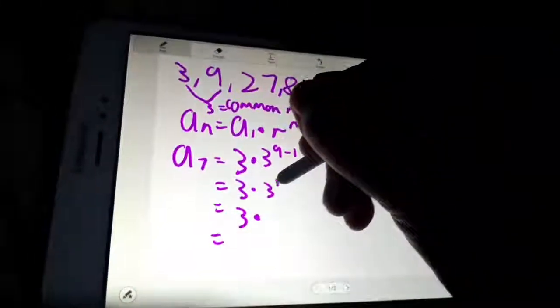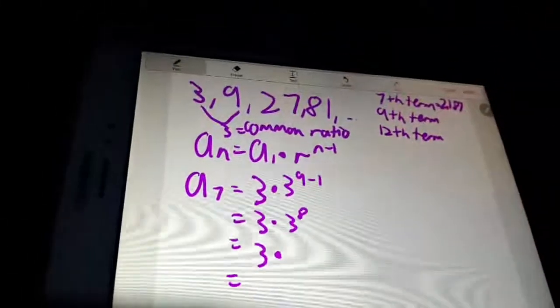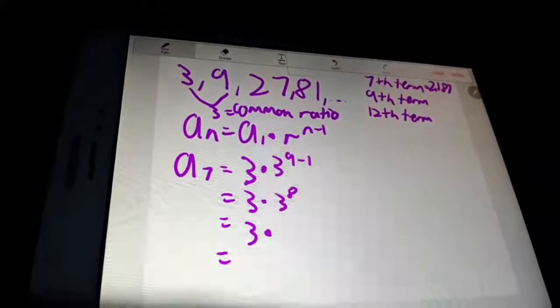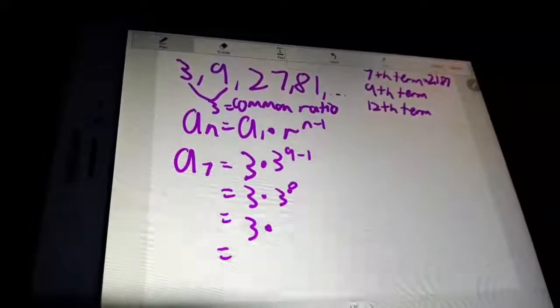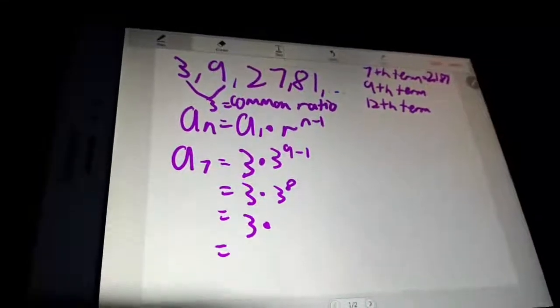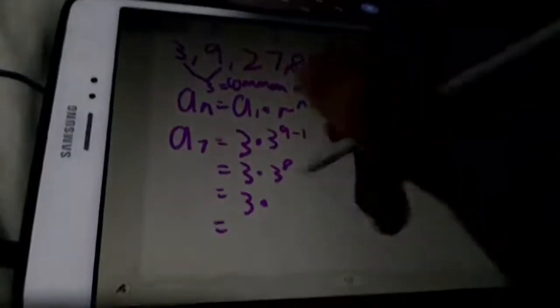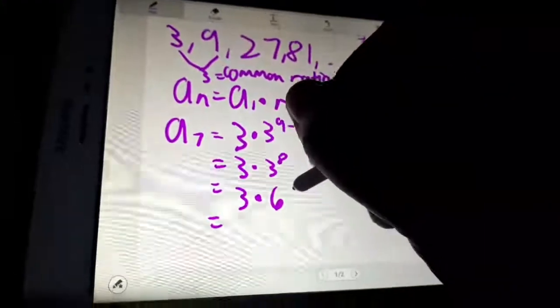So, 3 times 3 is raised to 8, which is 6,561.